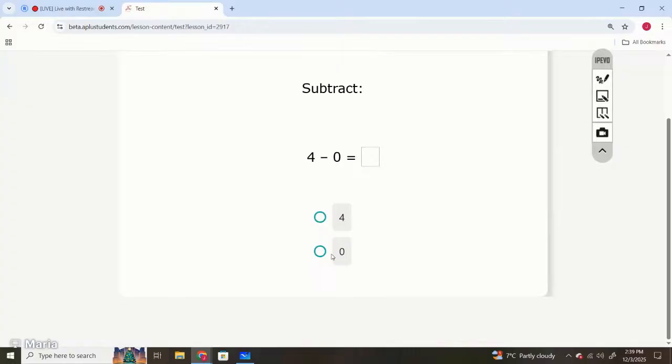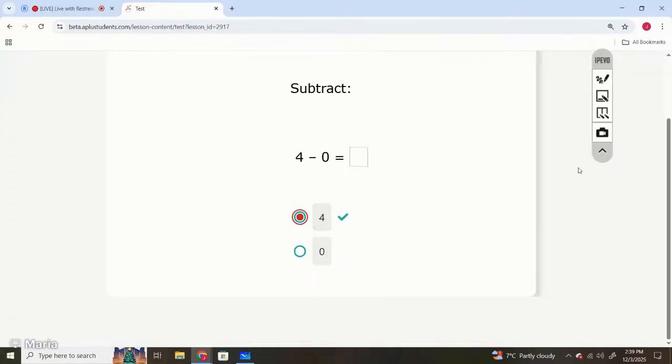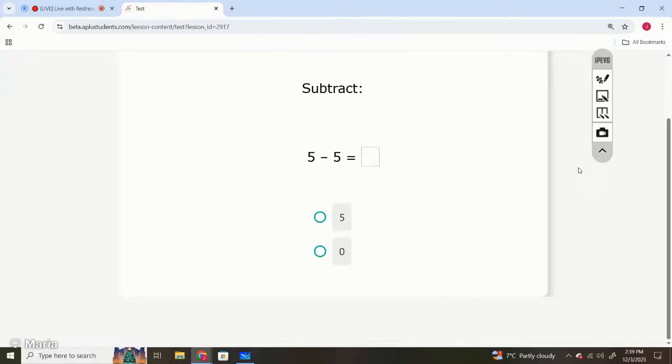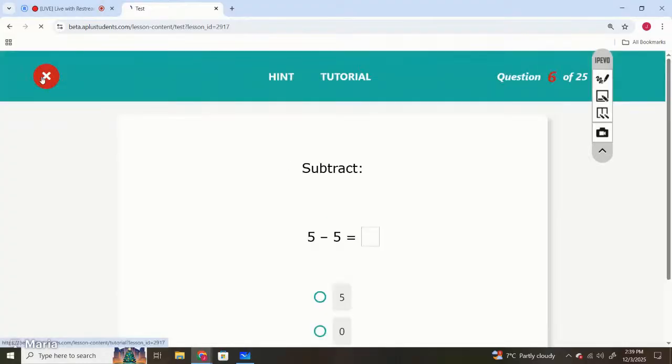Four take away zero is four. Option number one is the correct option. Okay, you can complete the lesson by yourself later today.